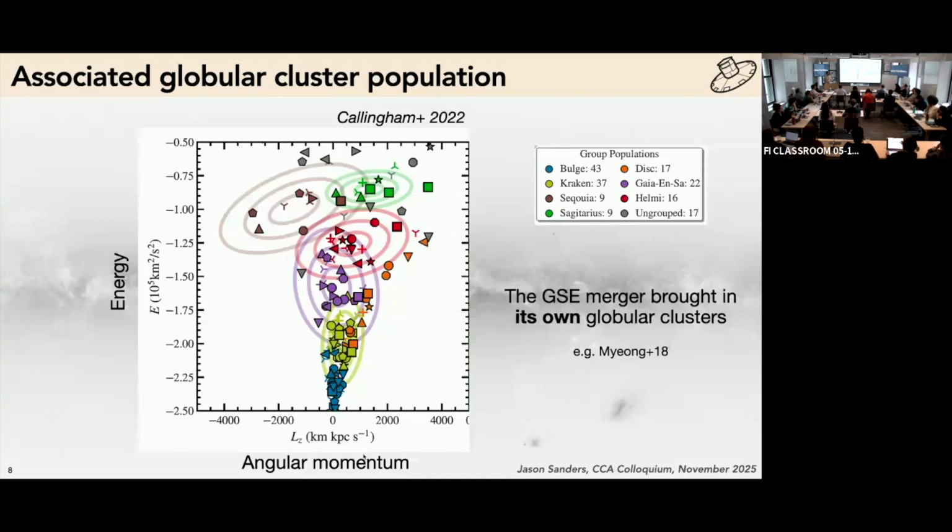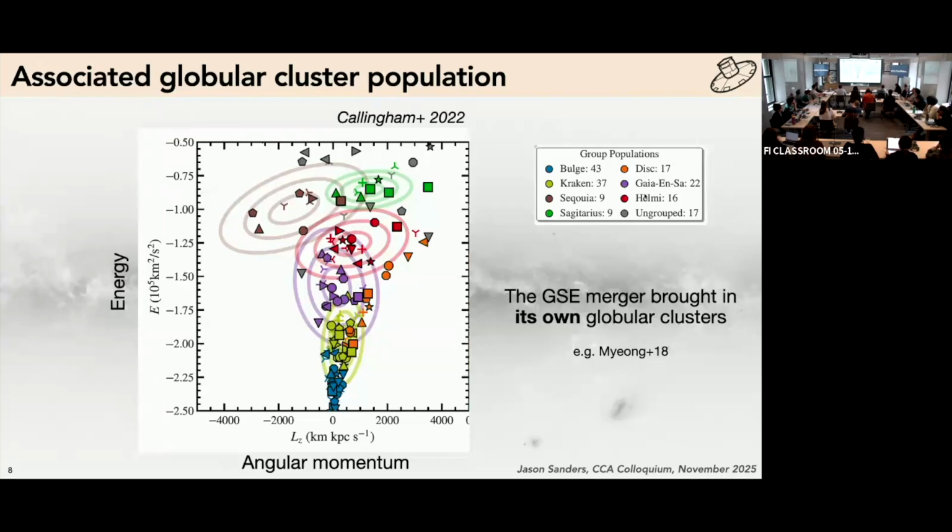And you then do some grouping of the globular clusters, and one of the groups that Callingham found was associated with this GSE merger, these purple ones. So this is interesting evidence that such an event occurred.